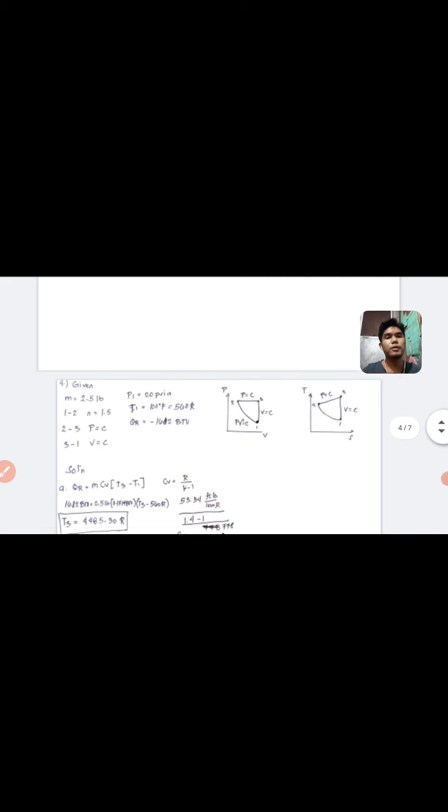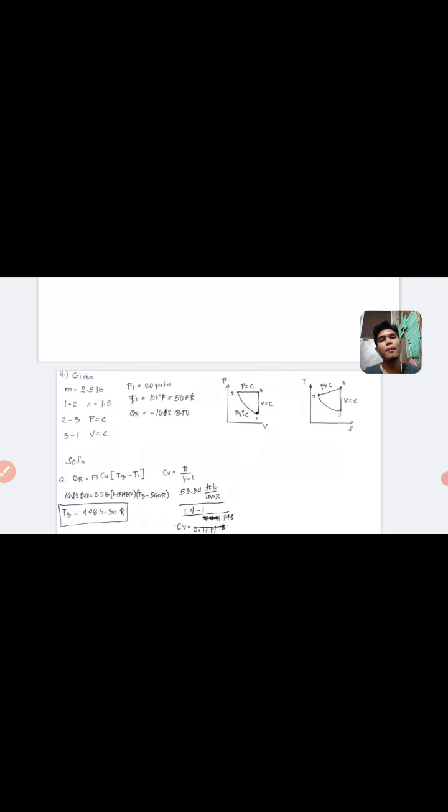So number 4. The given in our number 4 are mass equal to 2.5 pounds. State 1 to 2, n is equal to 1.5. State 2 to 3, pressure is constant. State 3 to 1, volume is constant. And P1 is equal to 20 psia and T1 is equal to 100 degrees Fahrenheit, or 560 Rankine.